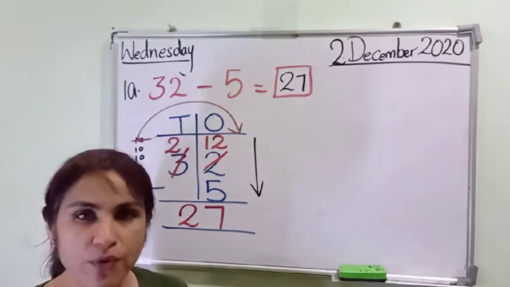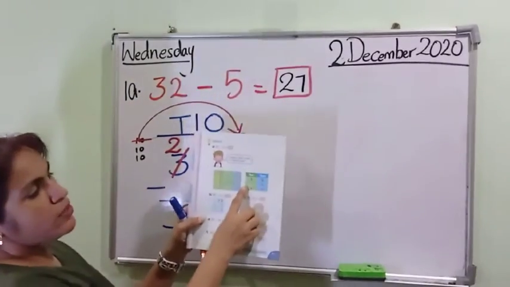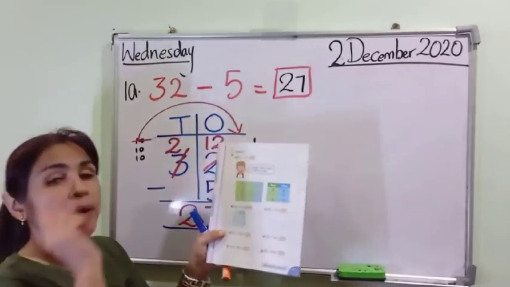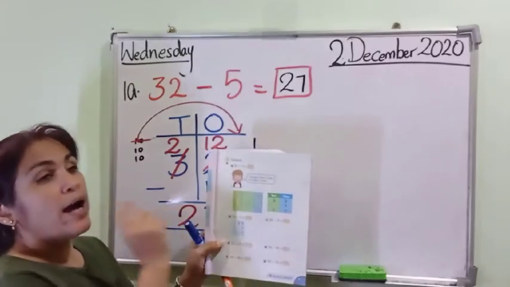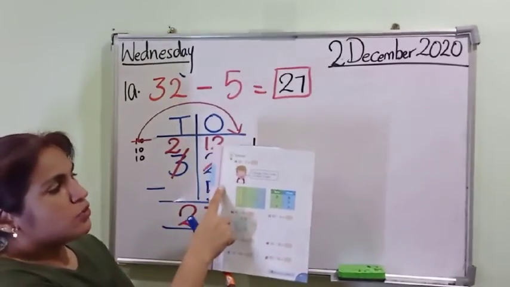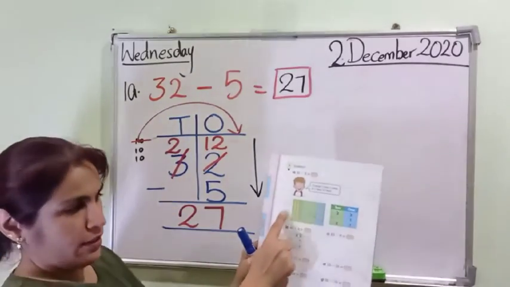The first one has already been done for you on the table here. Okay, so you will not have to draw a table, but if you feel like drawing it, you think, no, I should draw to understand better, you can always draw your own table over here.